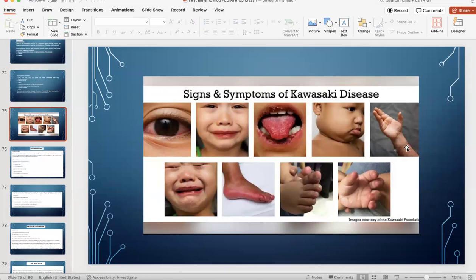Maculopapular rash, the rash will be different in size and shape. Erythema or redness of the periphery. So palms and soles can be red, and palms and soles can be swollen or edematous. So if 4 out of these 5 symptoms are met, along with the fever above 39, you can diagnose it as Kawasaki disease. Okay?